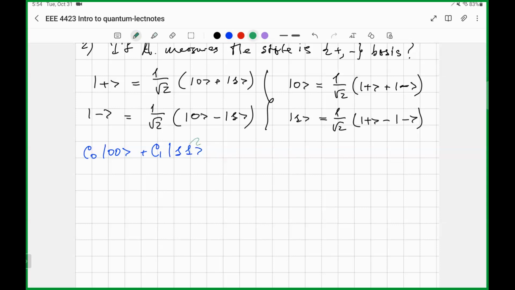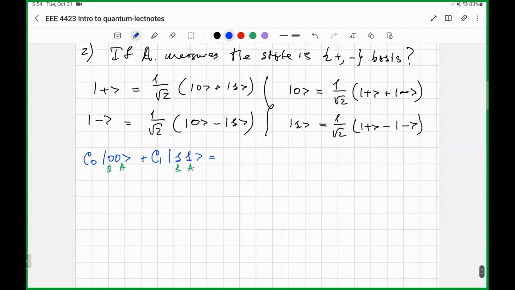And I remind you that the first one is Alice, second is Bob. Alice, Bob. Okay, so now Alice converts her measurements, or her equipment, from measuring the states in the 0 1 basis to the basis plus minus.